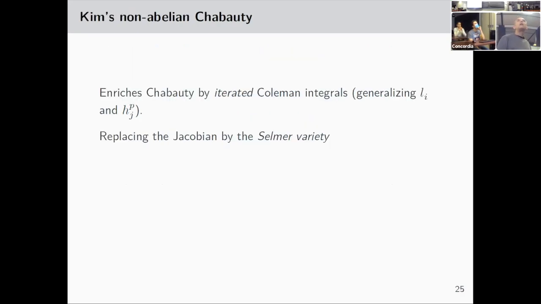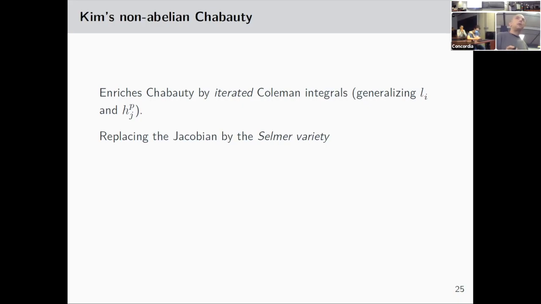Okay, I just wanted to say a few words about Kim's non-abelian Chabauty. That's the general framework where everything acts, and it's in the same spirit. What happens is that you enrich Chabauty's theory by iterated Coleman integrals. You think of the Li's as the linear things, and the HPJs as the quadratic things.